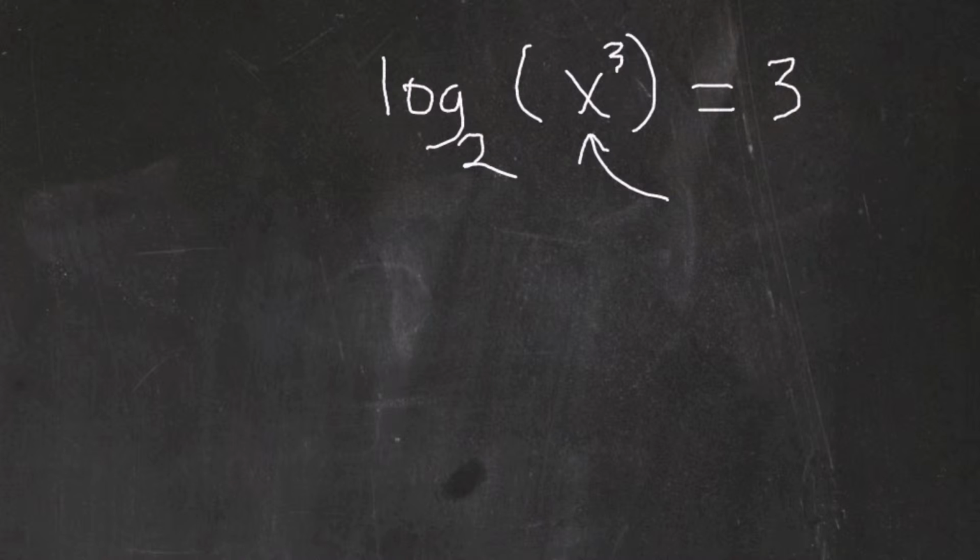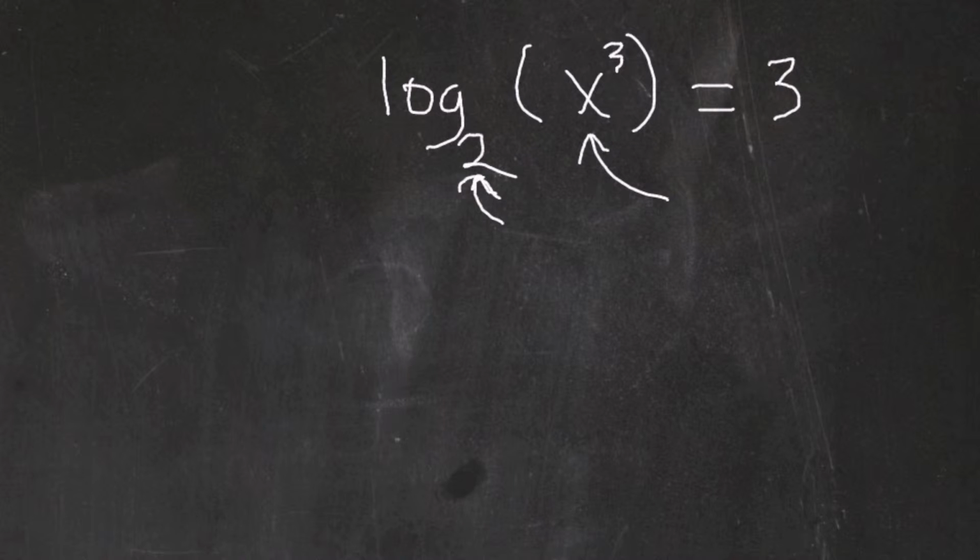Okay, now when you're asked to solve for this log function, what you want to do is isolate the x. Whenever you see x inside of the log, the way that we can get rid of this log, or cancel out the log, is to raise both sides by the base of the log. In this case we see that the base of this log is 2, right?